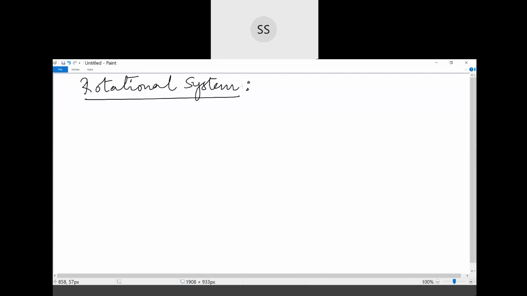Whatever friction is associated with that disk is represented by the viscous friction, that is element B. Therefore a rotational system is represented as shown here.